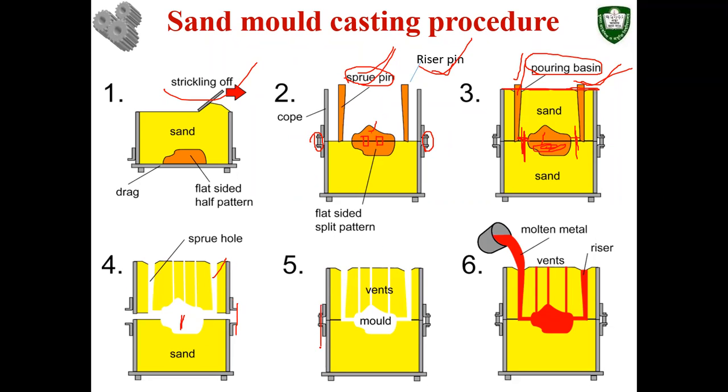You clamp it up, and then you put the molten material in through the pouring basin, and then the cavity gets filled up, and you can see the material coming out through the riser, so that the cavity is filled up. Then you allow some time for solidification, and then you take the part out.